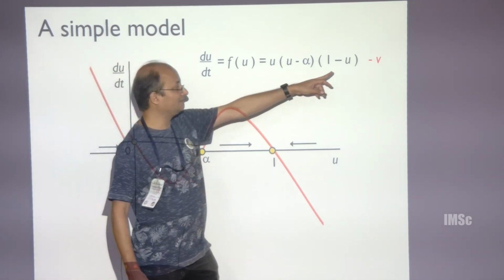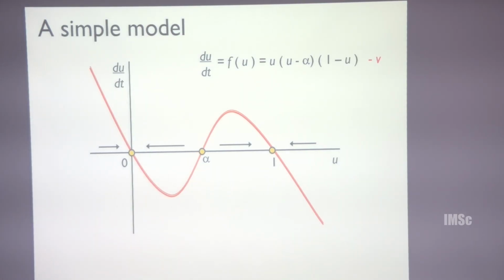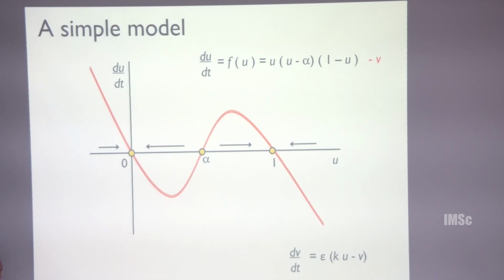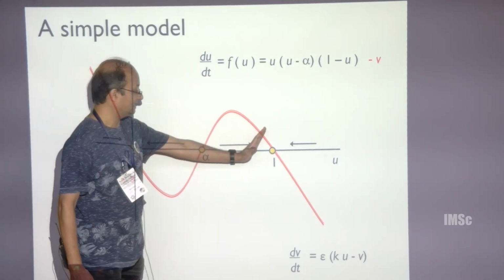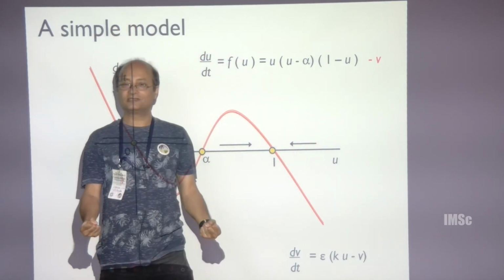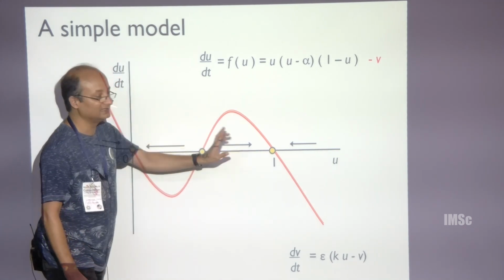So that means this v is not a constant, but itself is changing with time. So I need to write down a differential equation, and the simplest differential equation I can come up with looks something like this. It is positively proportional to u, because when u is high, that is when you are in the excited state, v should be large so that you can pull it down sufficiently that this and this disappear.